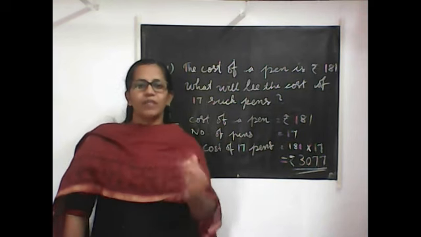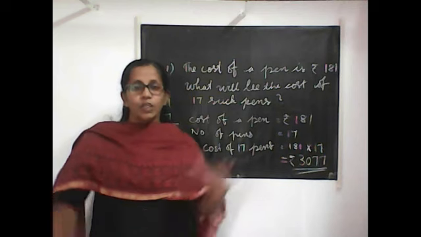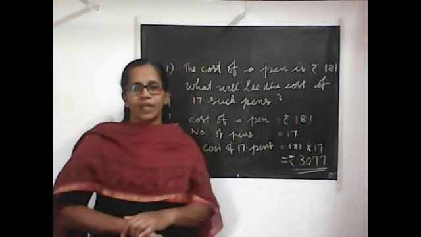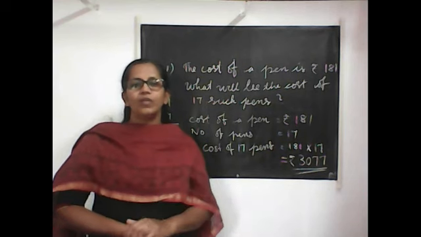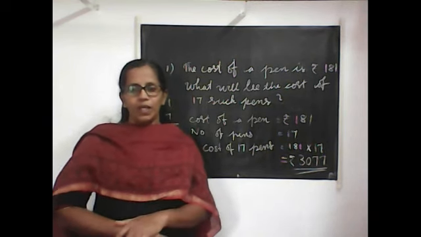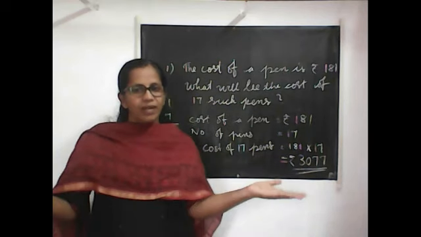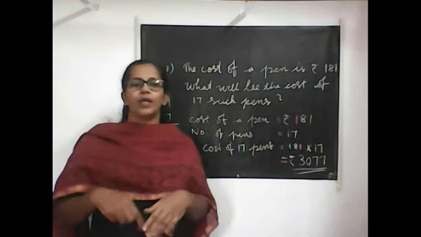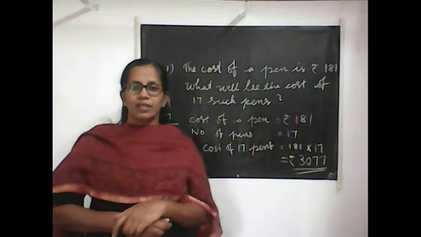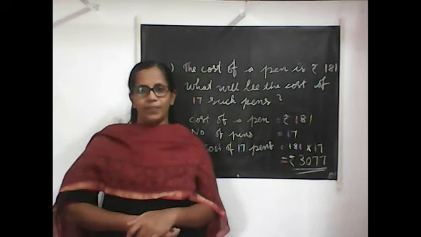What did you understand from that question? The total cost of 17 pens is given and you are asked to find the cost of 1 pen. So more than 1 is given and you are asked to find the cost of 1. In such cases, it is division.